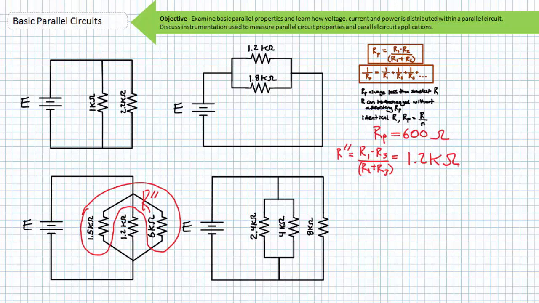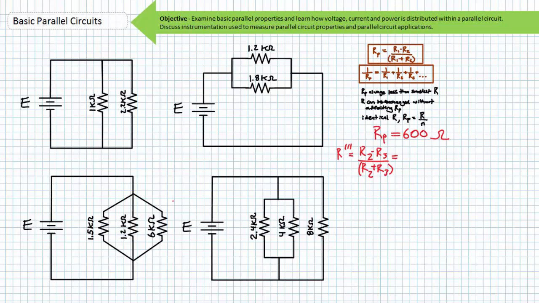This imaginary resistor R' is in parallel with R2, also a 1.2 kilo-ohm resistor. We can use the two-resistor formula again, or make use of the shortcut that identical resistors in parallel equal the resistance of the identical resistors divided by the number of occurrences. Two 1.2 kilo-ohm resistors in parallel is 1.2 kilo-ohms divided by 2, again yielding a final answer of 600 ohms.